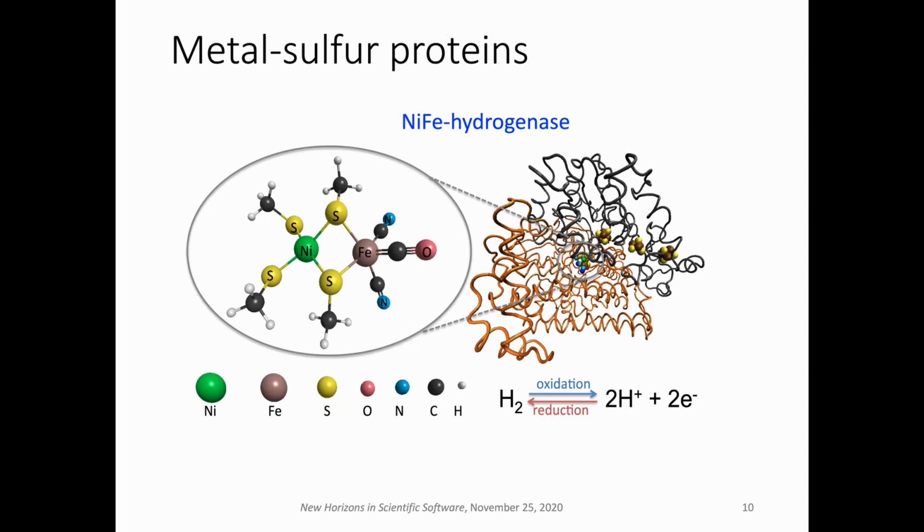So I want to quickly talk about a few applications we've done with this code. One is where we look at spin-forbidden transition in a metal-sulfur protein. This is an example of nickel iron hydrogenase, a protein which can oxidize or reduce hydrogen, and it does it very efficiently.